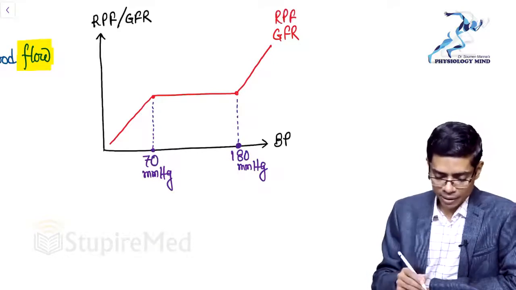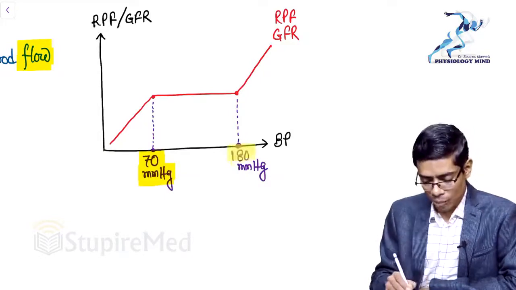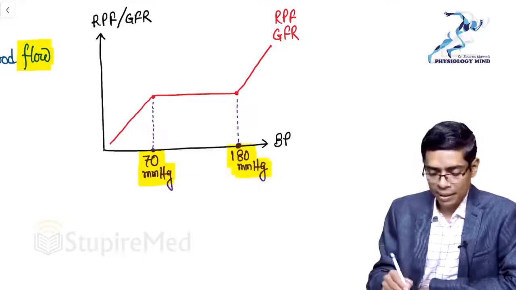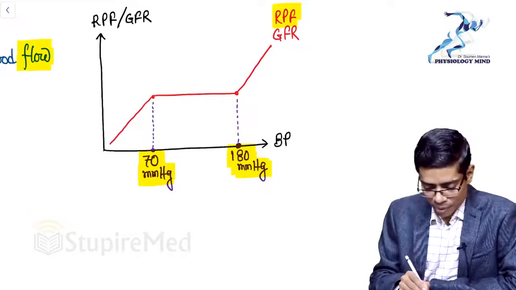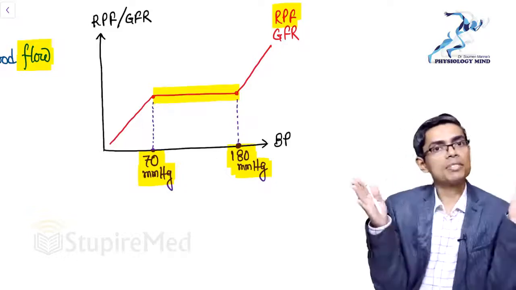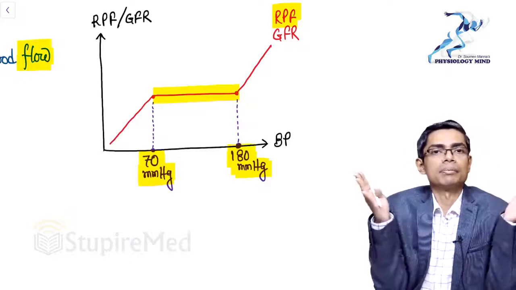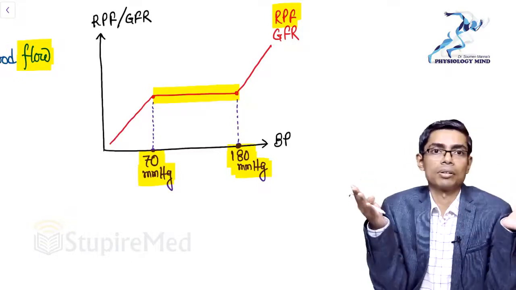What you are finding out here, if my blood pressure is changing from 70 to 180 millimeter of mercury, then my renal plasma flow is remaining constant. Although blood pressure is changing, renal plasma flow is constant. This is nothing but autoregulation.